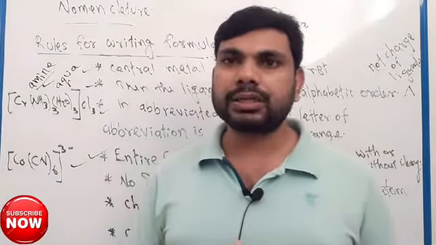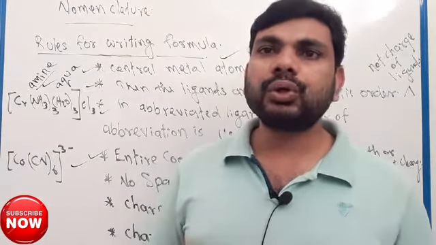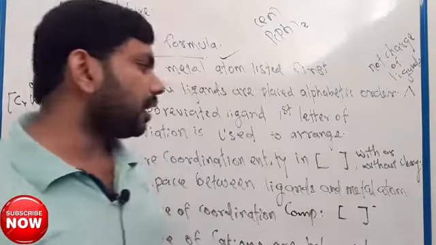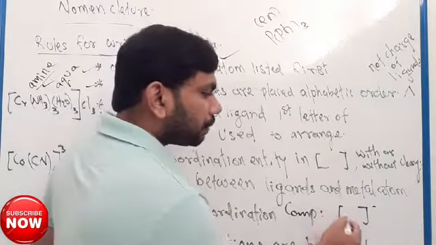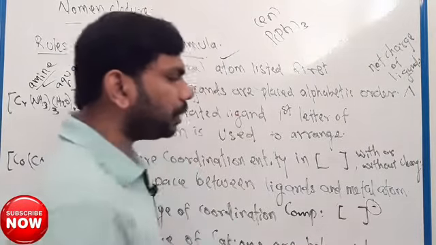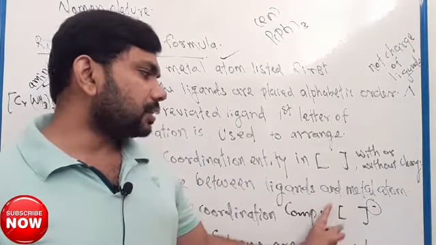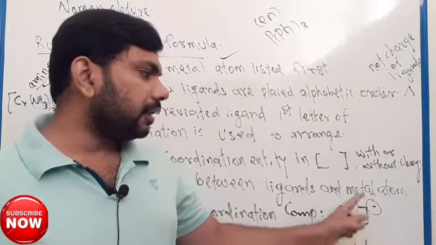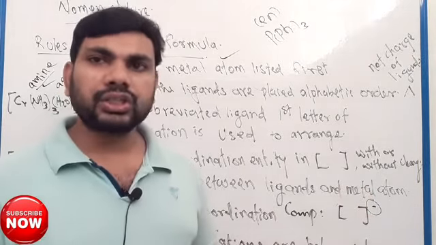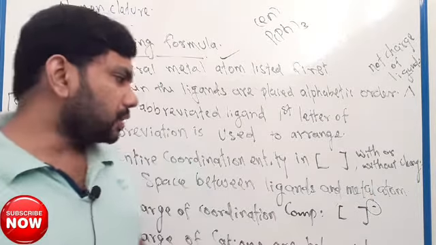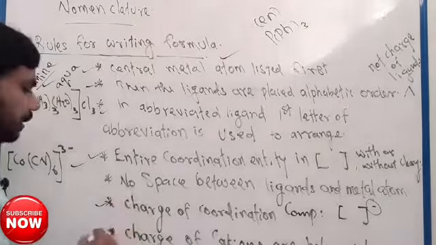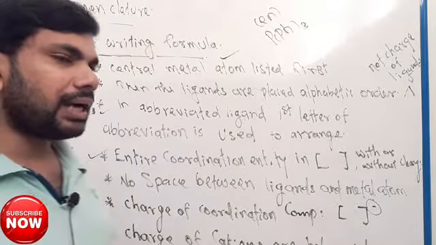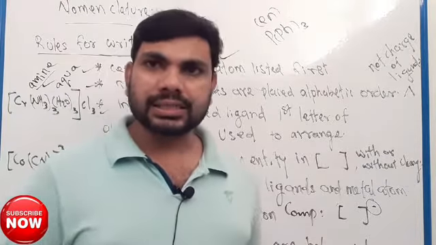Whatever the central metal atom and ligands, we have to include them in a square bracket. And I told you sometimes they have charge. This charge we have to write outside the square bracket, on the top right hand side. Clear? Also the last point we have to understand: the charge of cation and anion will be balanced.